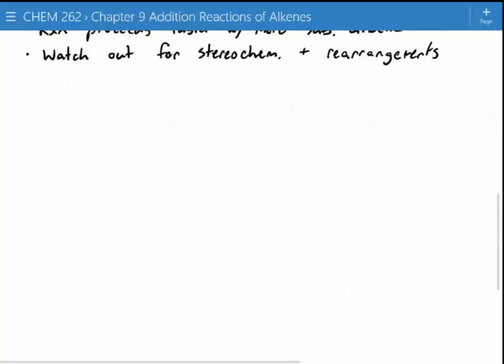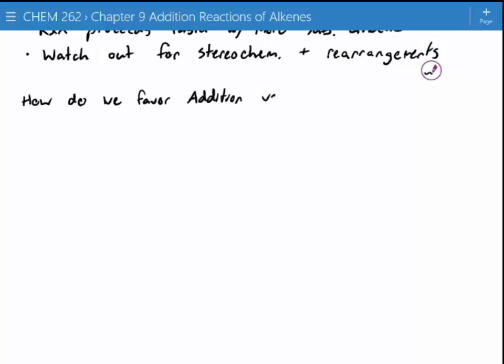The neat thing with this reaction is that we can try to favor the addition over the elimination reaction a few different ways. So how do we favor addition versus elimination?